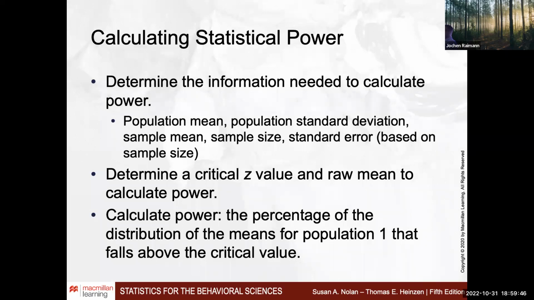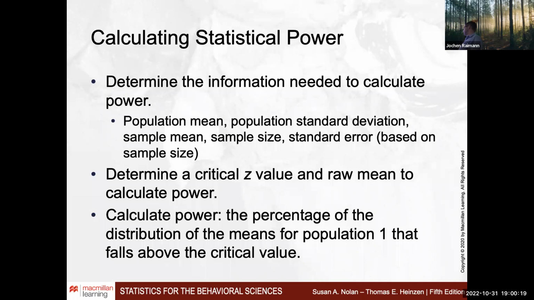And in study design, this is really what you can modify, because you determine how many subjects you need to study to ascertain, under these assumptions of population mean, population standard deviation, intervention, treatment effect, and whatever components come into this. Then, of course, you need to determine a critical value and the raw mean to calculate this power.